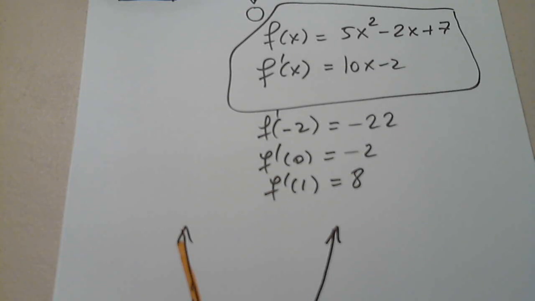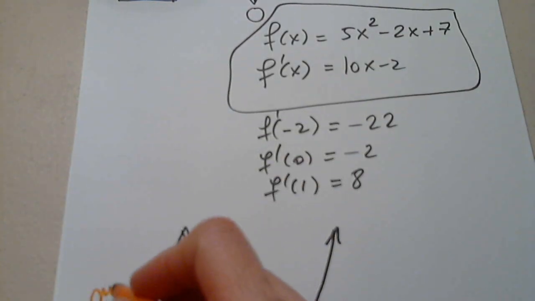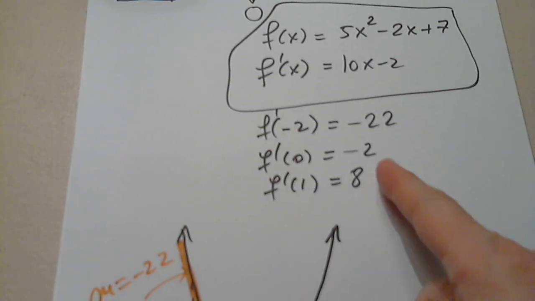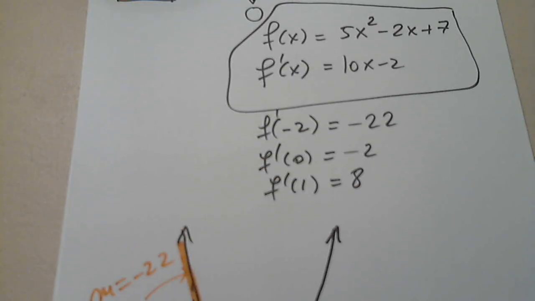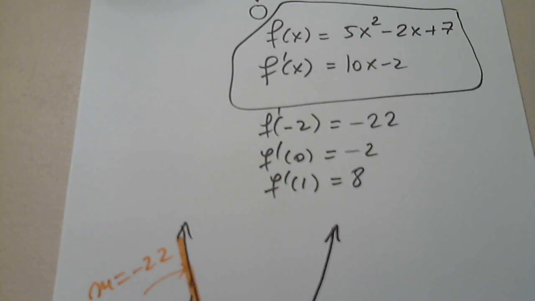Very steep. -22. So the slope is -22. At 0, let's say 0 is somewhere here, look at the slope. The slope of -2. Yeah, not too bad.